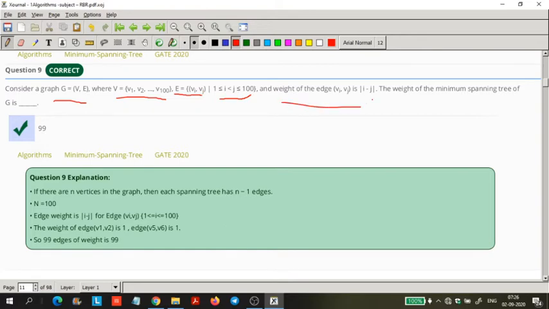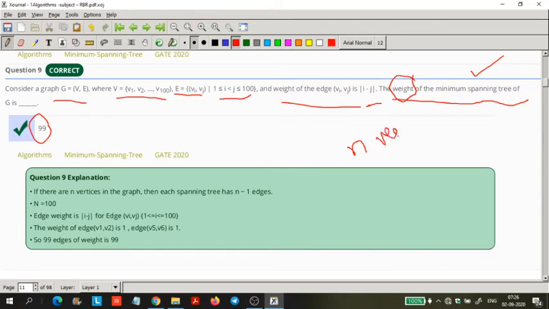The weight of the edge (vi, vj) is |i minus j|, and the weight of the minimum spanning tree of the graph G is 99.